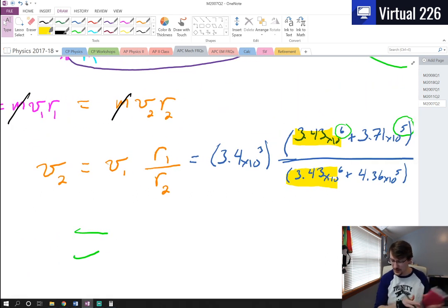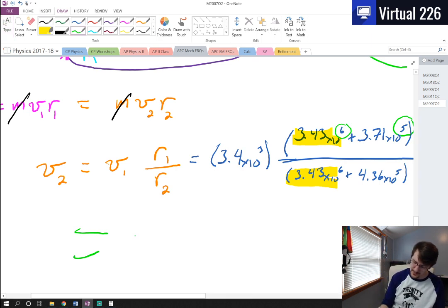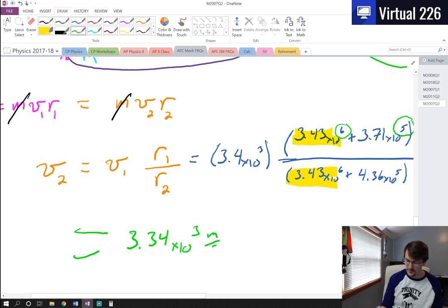Let's just crunch it all in. 3.4 times 10 to the third times the quantity 3.43 times 10 to the sixth plus 3.71 times 10 to the fifth, divided by the quantity 3.43 times 10 to the sixth plus 4.36 times 10 to the fifth. Boom. That gives us 3.34 times 10 to the third meters per second. That's what V2 will be in the end.